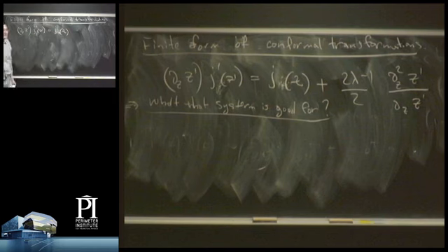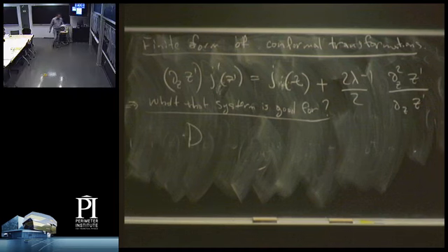If I have this, then this will be a primary tensor field of holomorphic weight 1. But actually, there is an additional piece, and this is 2 lambda minus 1 times del 2 z prime over del z prime. Okay, so this is kind of an analog of the Schwarzian derivative in the case where we talk about finite transformation of the stress energy tensor.